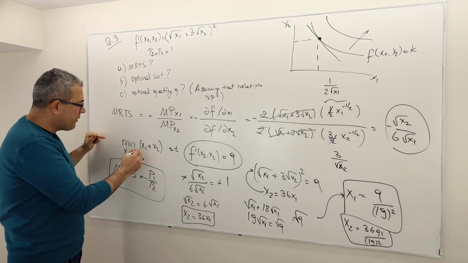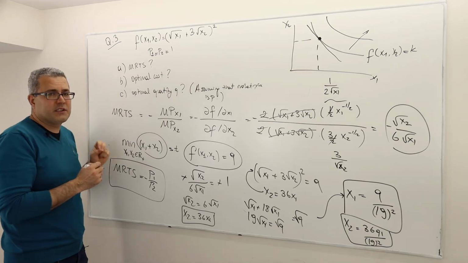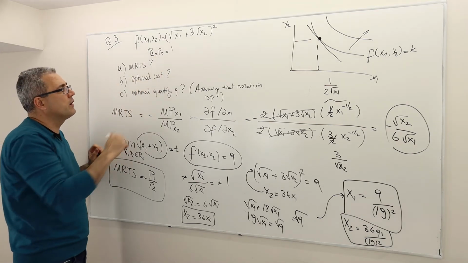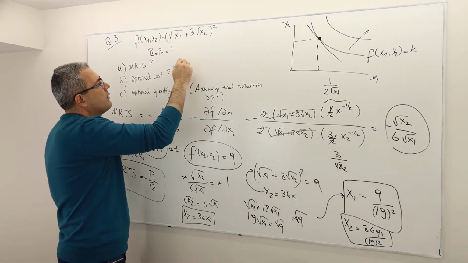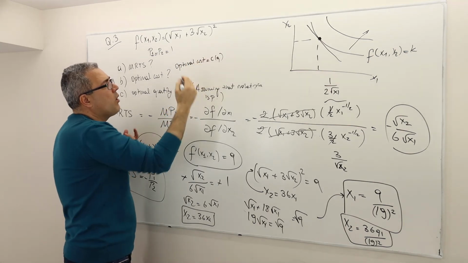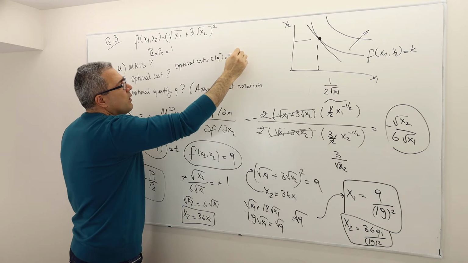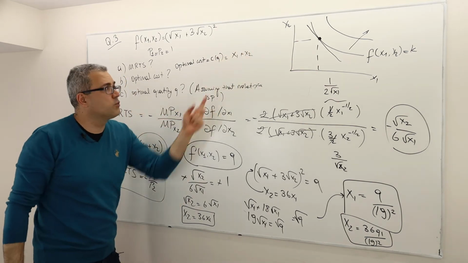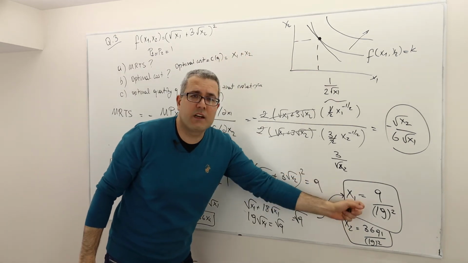Remember, my cost is x1 plus x2 because the prices are equal to 1. So the optimal cost, which is a function of quantity, is nothing but x1 plus x2. But what are those x1 and x2? They are these guys.